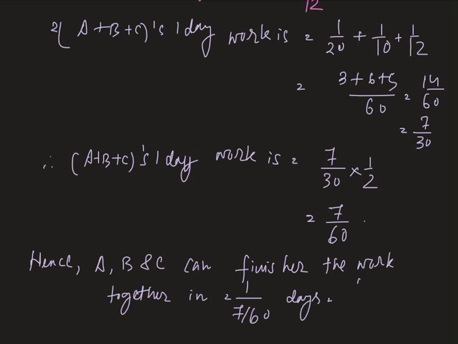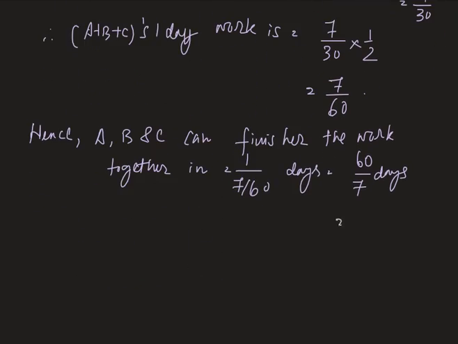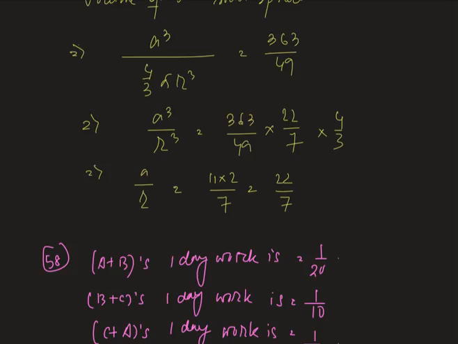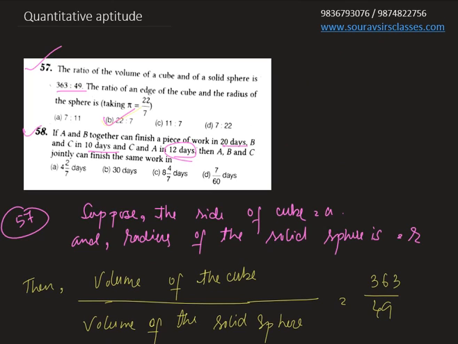That means 60 by 7 days, or we can write 8 and 4 by 7 days. Hence option C is the right answer.